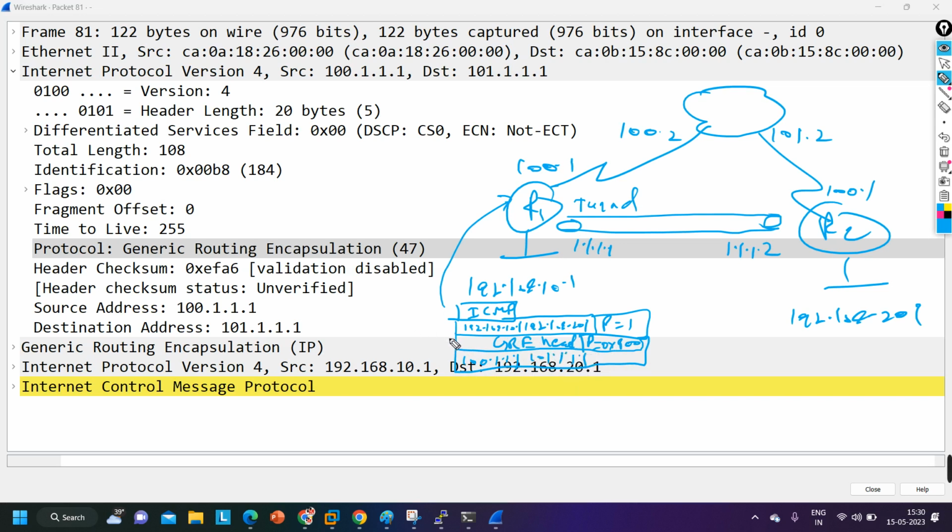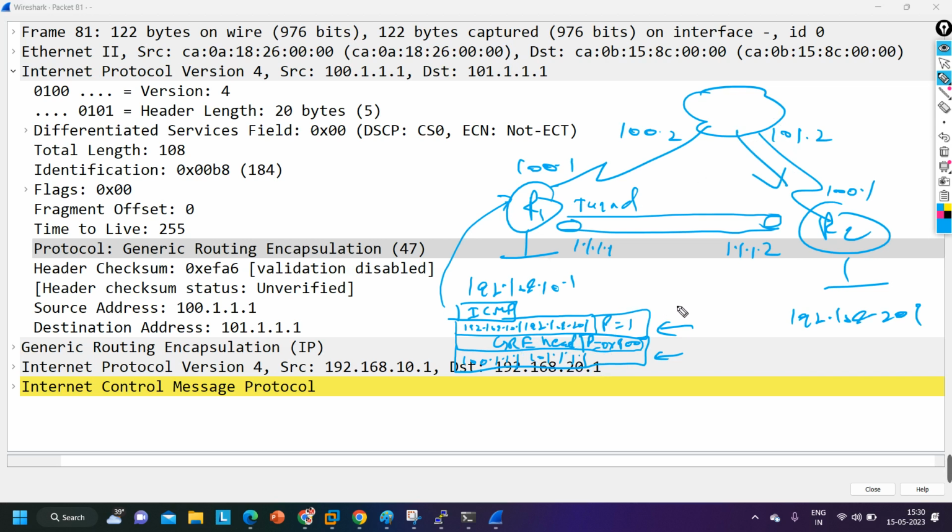101.1.1.1. When the ISP checks it, which header will it open, the outer header? The ISP checks the destination, 101.1.1.1, and forwards it towards router number 2.